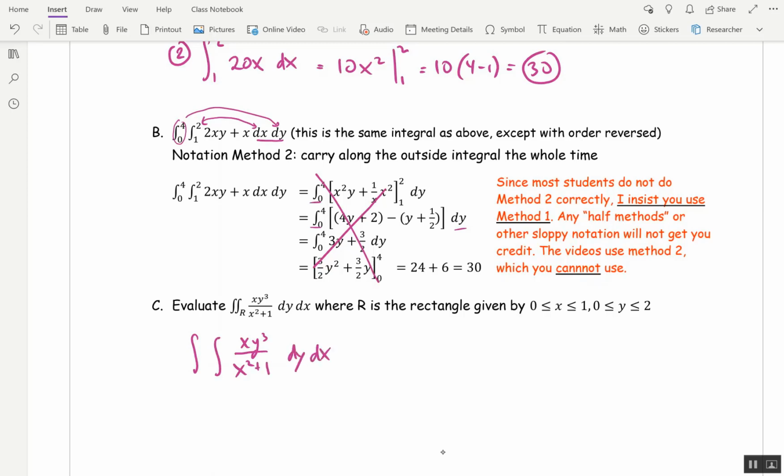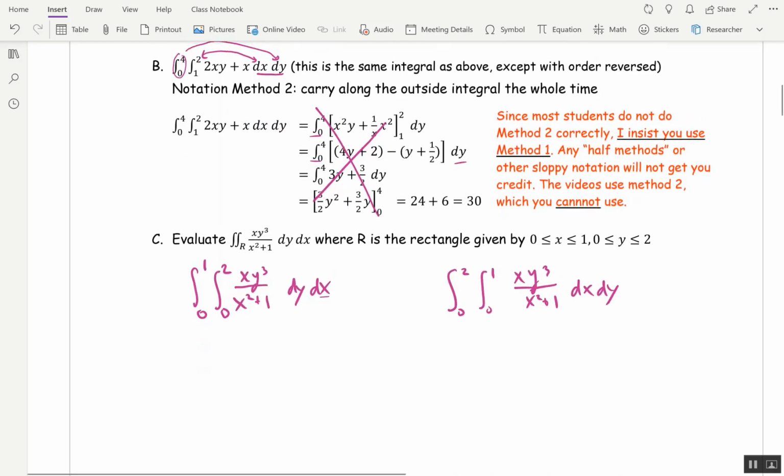The first limits on the inside integral have to be the y limits, and that's 0 to 2. And then the x limits, those go on the outside, that's 0 to 1. And so I could switch those limits. I could go 0 to 2 and then 0 to 1, but then I'd have to go dx dy. Get the same answer in the end, but I'm going to do it this first way.